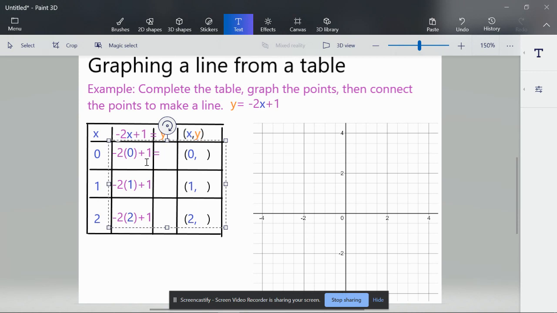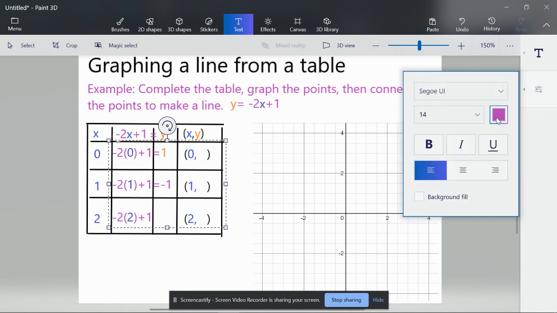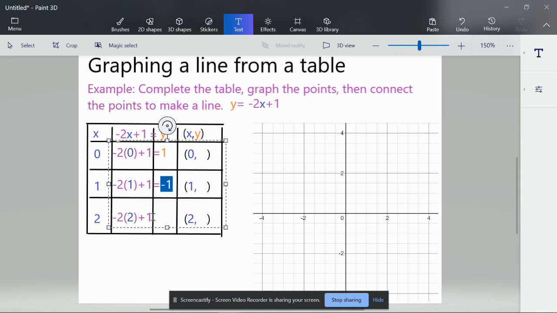That is going to be positive 1, and we'll make it orange. For this row, negative 2 times 1 plus 1 gives our answer of negative 1. Again, we'll make that orange. And then for this last row, negative 2 times positive 2 plus 1 gives us negative 3.